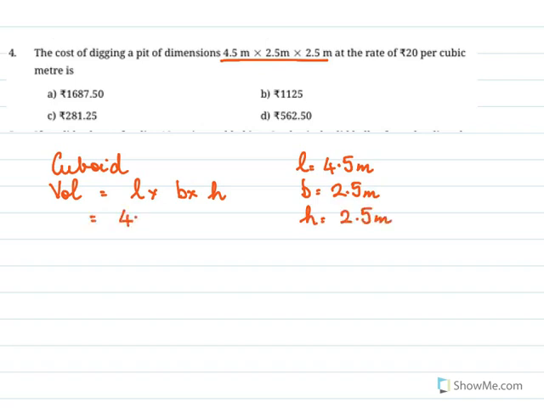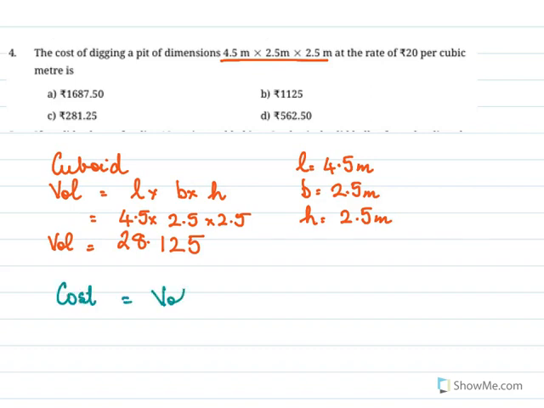So the volume will be 4.5 into 2.5 into 2.5. We multiply all these three and we get the answer 28.125 meter cube. This is the volume of the cuboid.